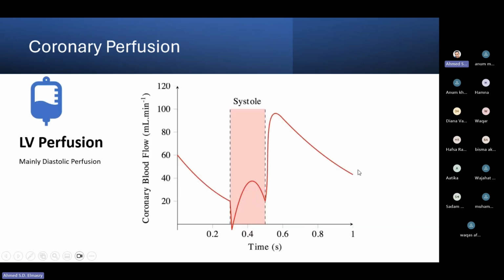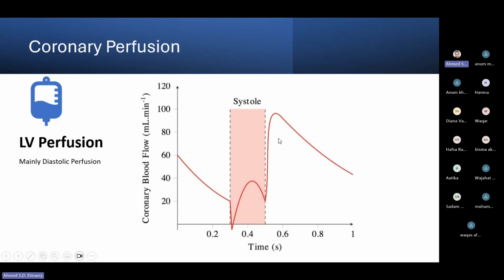And as you see here, this is the coronary blood flow against time throughout the cardiac cycle. So this is the phase of the systole, and this is the phase of the diastole. During the systole, the left ventricle perfusion is very minimal. And during the diastolic phase, the left ventricle coronary perfusion is maximum.